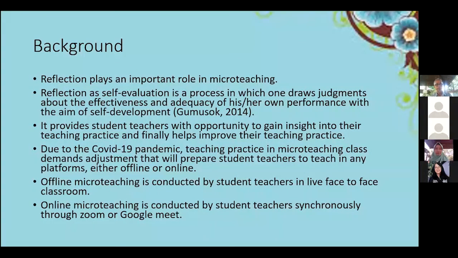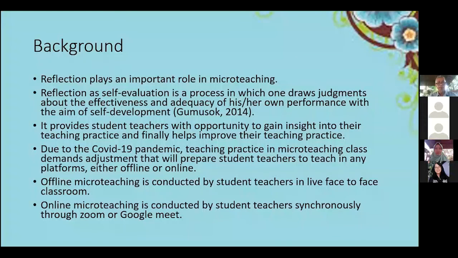Due to the COVID-19 pandemic, teaching practice in micro-teaching class demands adjustment that will prepare the student teachers to teach in any platforms, either offline or online.